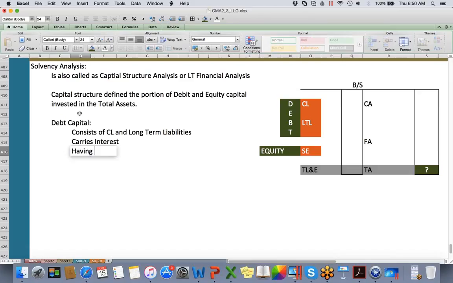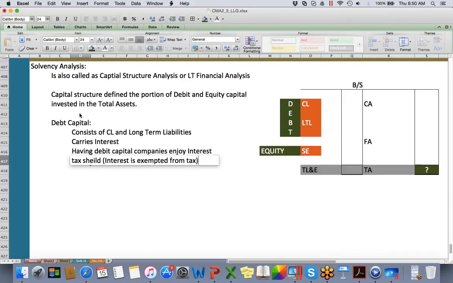Having debt capital, companies enjoy the interest tax shield, that is, interest is exempted from tax. This is a benefit.